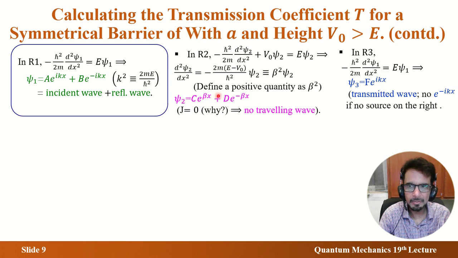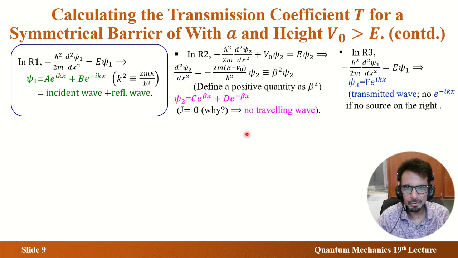So the calculation is as in region 1, and again I replace A with C and D. I have already used up for region 2, so I have the letters E and F, but E may be confused with total energy, so I have replaced it with F, and then I should have G. But F e power iota k x in the third region is moving to the right, so that's a transmission. But G e power minus iota k x would have been the third region moving to the left, but there is no source on the right, so my boundary condition says that there is no G term.